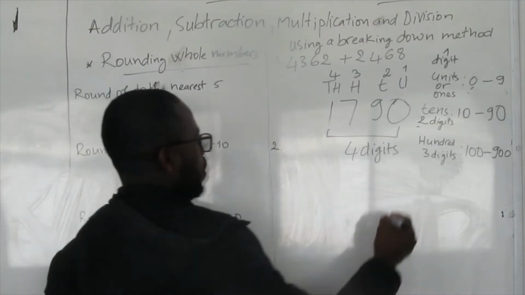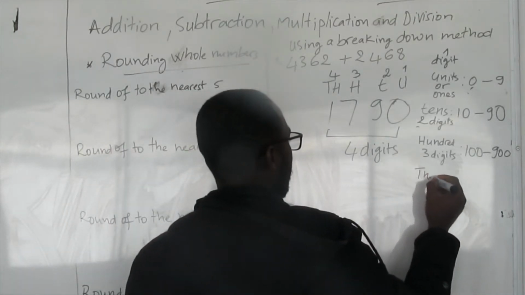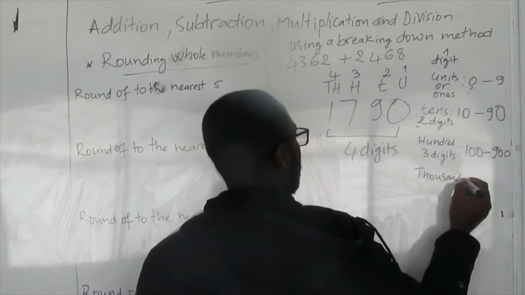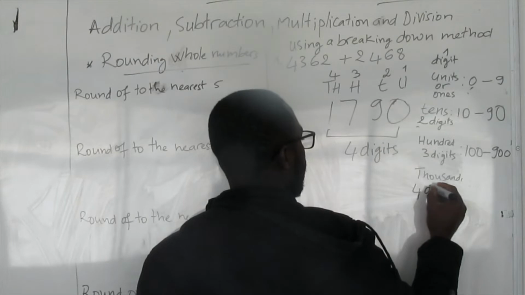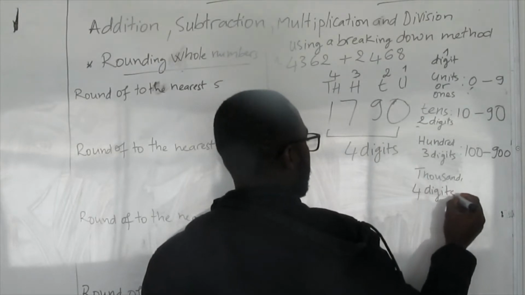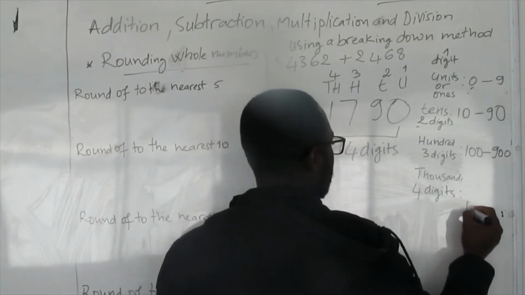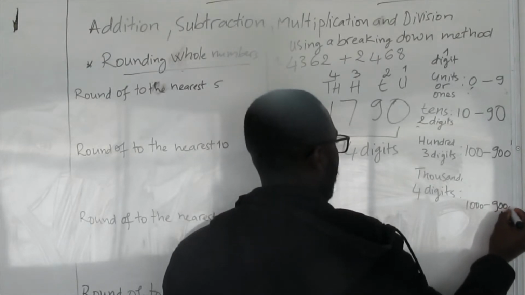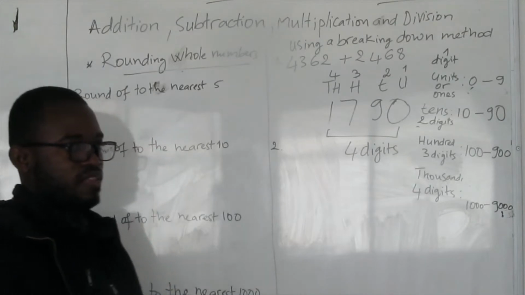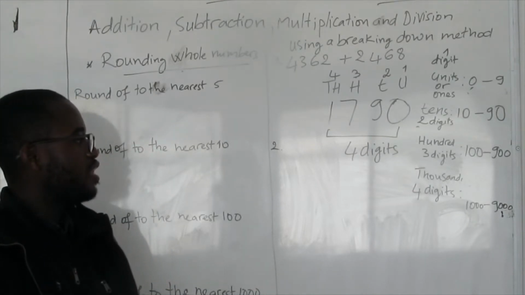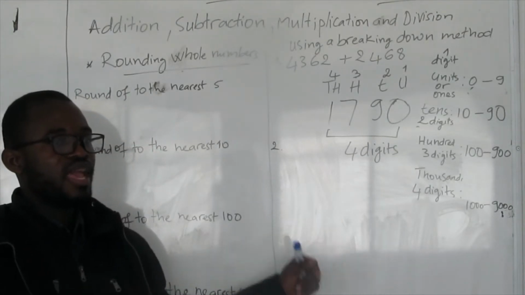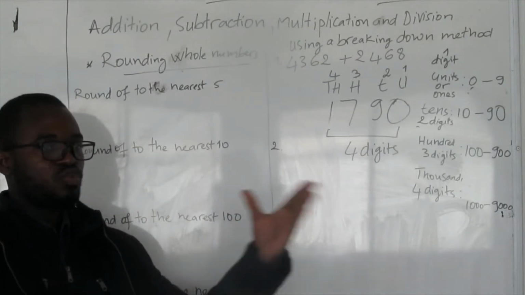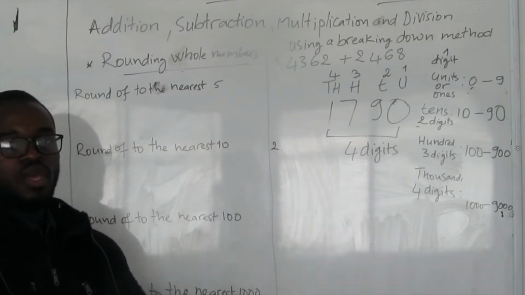So now, with 1,000, how many digits? 4. Starting from 1,000 to 9,000. You understand? Then after that, you start getting 10,000, 11,000, 12,000. You go on.